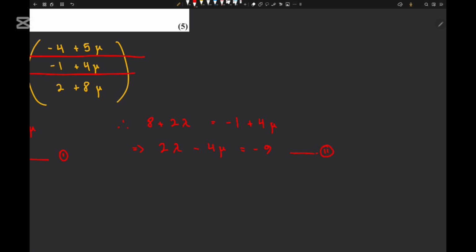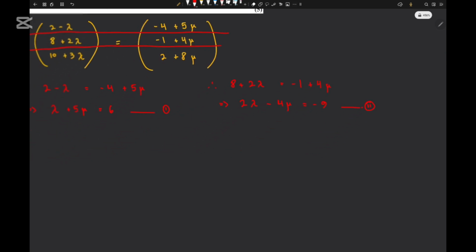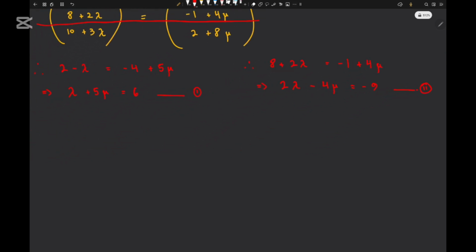So this is our second equation. Now if we solve these two equations, we should get our values of lambda and mu. So the value of lambda is minus 1.5 and the value of mu is 1.5.